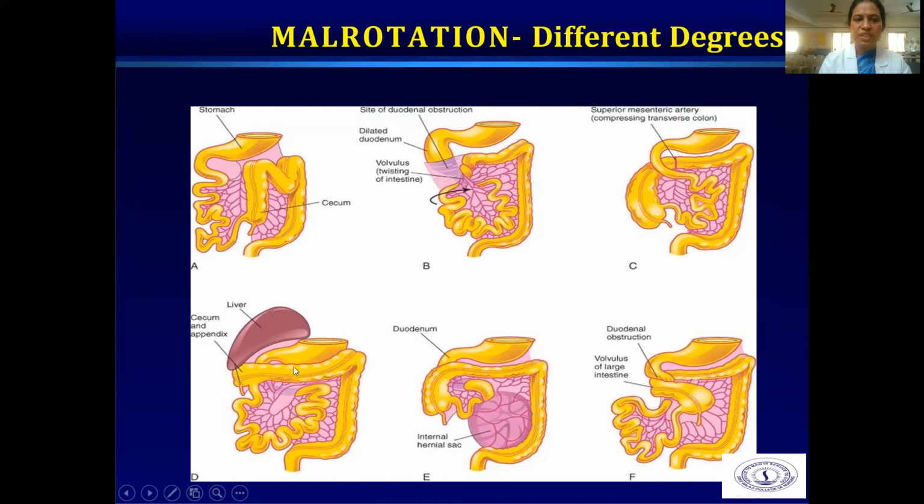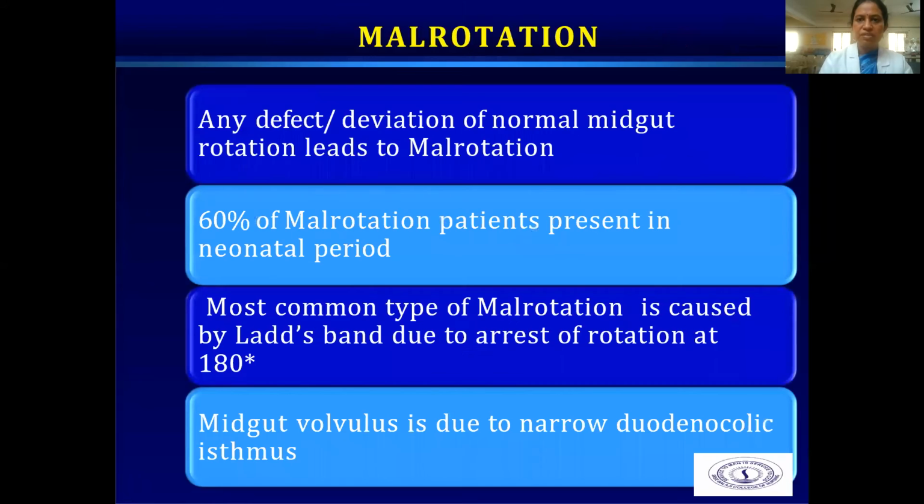And here we see the liver and cecum and appendix. The next diagram shows an internal hernial sac and the duodenum here. Here we see the duodenal obstruction and the volvulus of the large intestine. So these are the things that we see in this diagram.